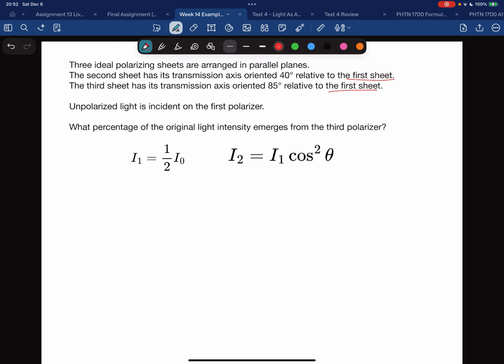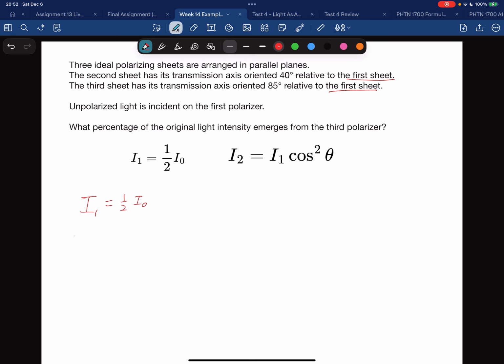Unpolarized light is incident on the first polarizer. What percentage of the original light intensity emerges from the third polarizer? Okay, so first, let's find how much light passes through the first one. And it's exactly half, just straight from the formula.